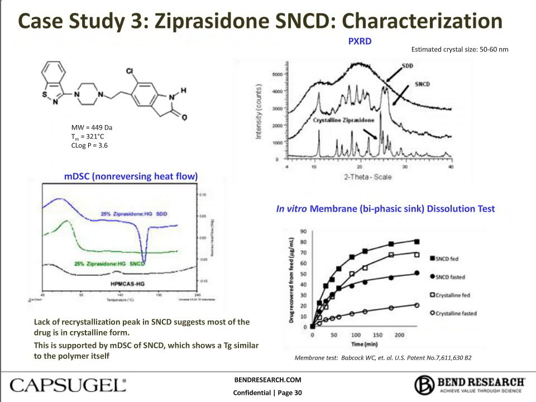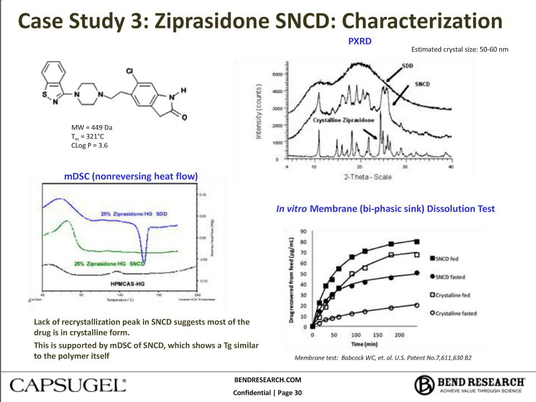The last case study is one for the solid nanocrystalline dispersions of Ziprasidone in HPMCAS. This solid nanocrystalline dispersion was investigated to increase bioavailability, particularly in the fasted state, and it was used because it's very difficult to stabilize the amorphous form of the drug due to the strong tendency of Ziprasidone to crystallize.